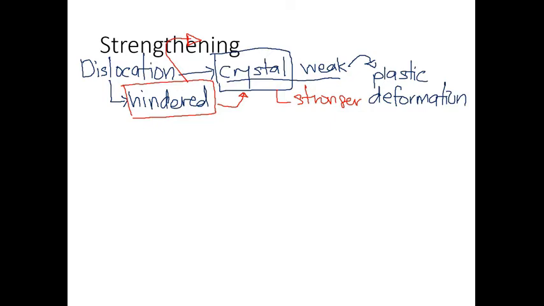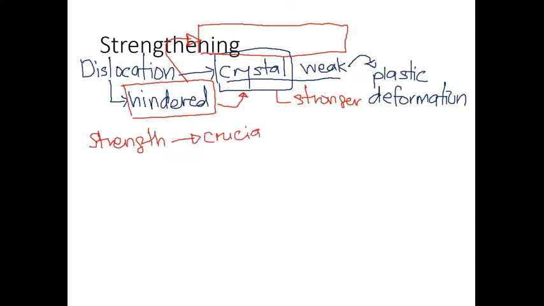Why is this strengthening effect very useful in alloys? Because strength is the most crucial aspect in an alloy. Why do we say strength is the most crucial aspect?